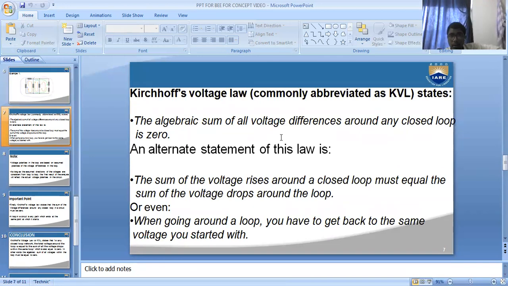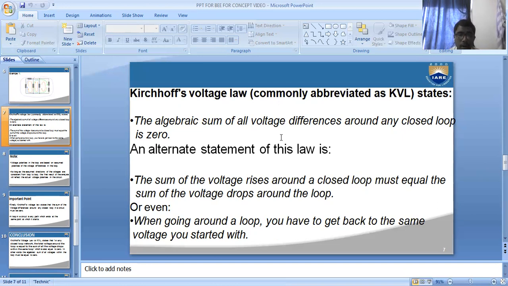What I am trying to say is that in the loops in the circuit, the algebraic sum of all the voltages in any closed loop, whether it is a whole loop or only one loop, no matter how many members or points it consists of, is zero.